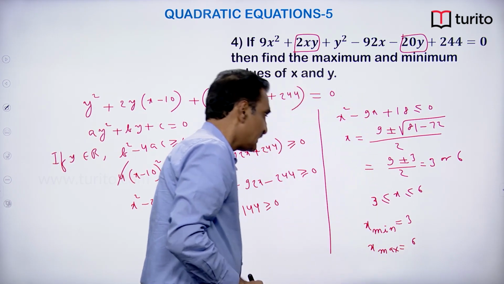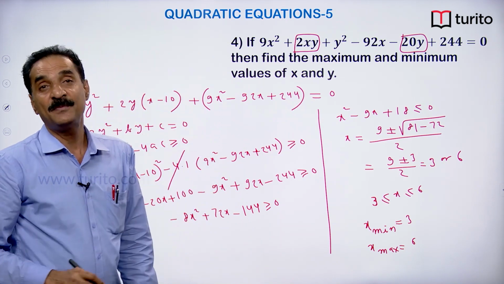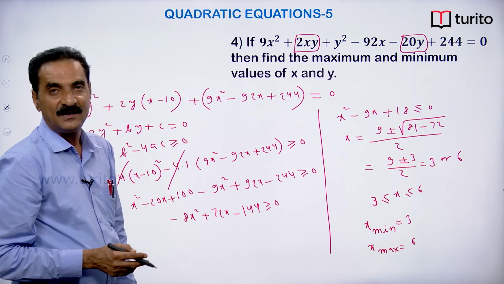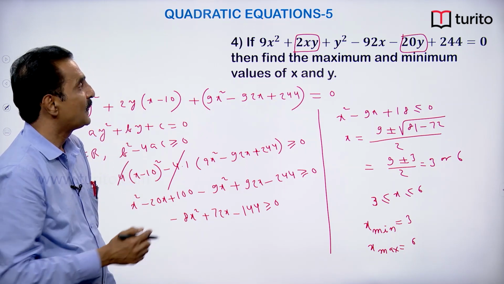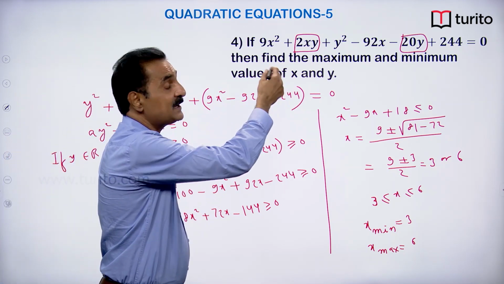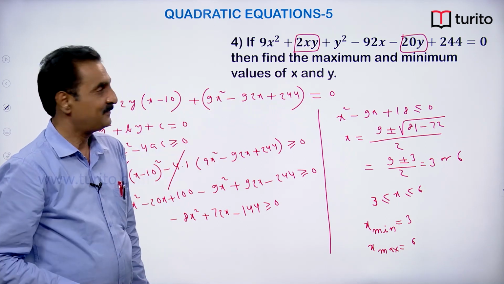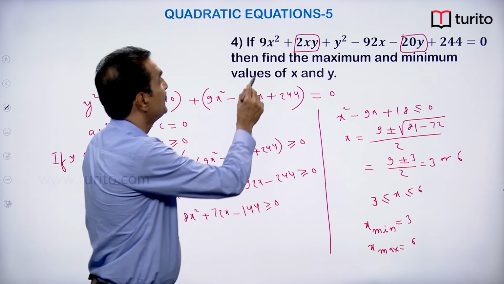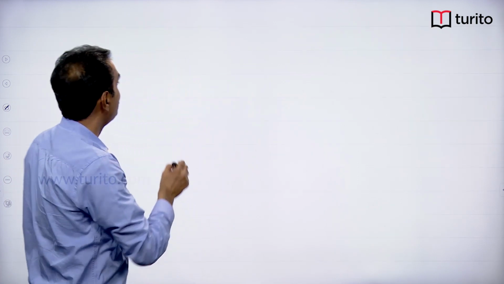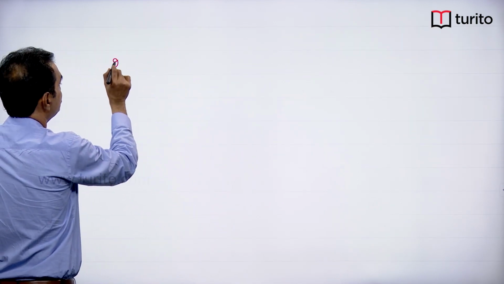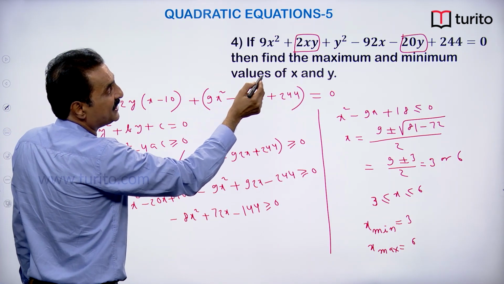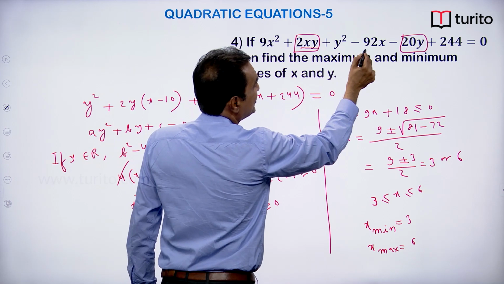Now, how to find the maximum minimum values of y now? You can easily guess what to do. We have to write it as a quadratic equation in x. If you write it as a quadratic equation in x, first you should write 9x square. Next, coefficient of x means we have to combine this and this.